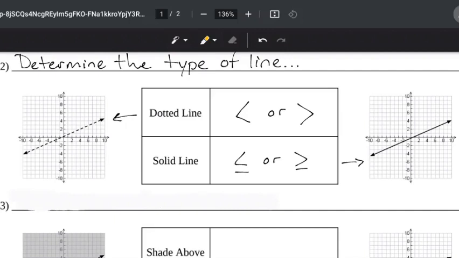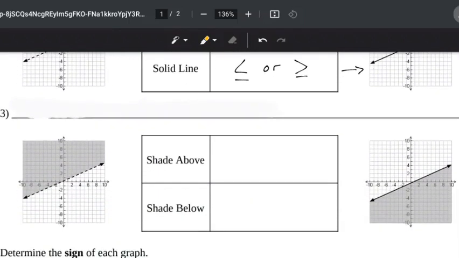So the idea behind this is a dotted line, we are not including the information that's equal to because it's just less than or just greater than. And for a solid line, it's solid because we are including everything on that line as a solution. And that's why it's or equal to, because it's or equal to the graphed line.